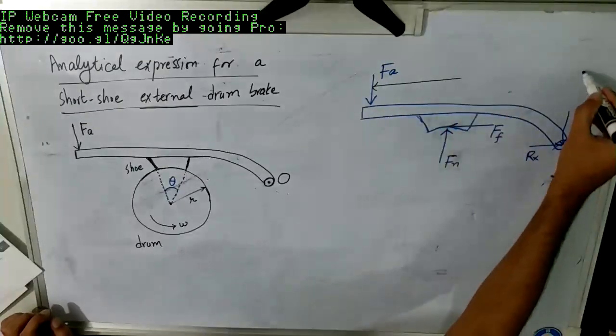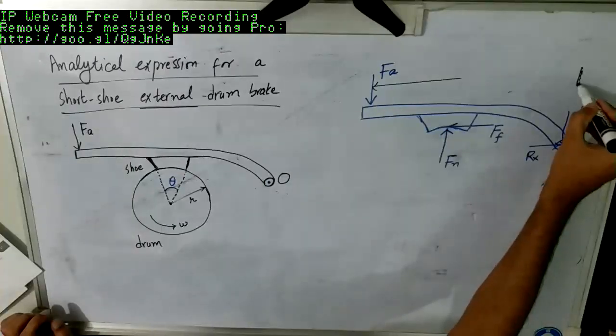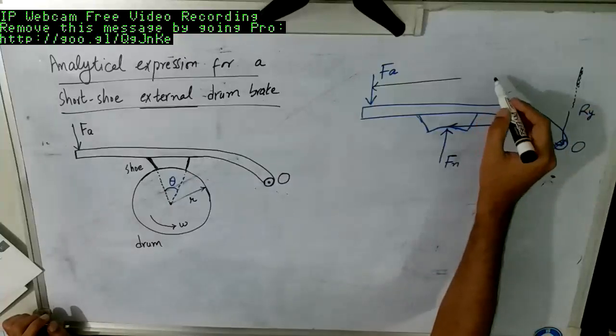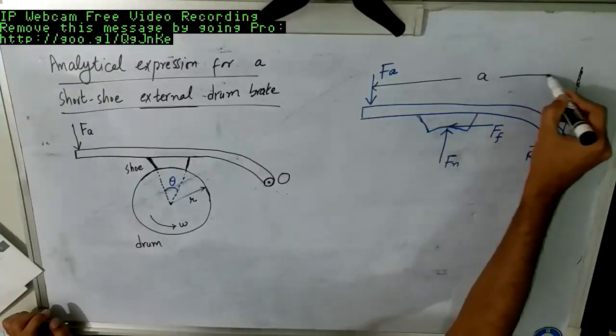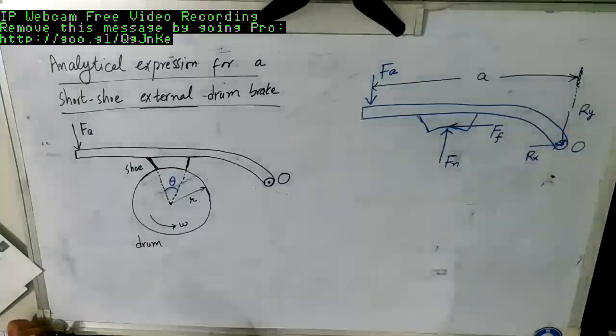So this first distance is called A. So this is a perpendicular distance.